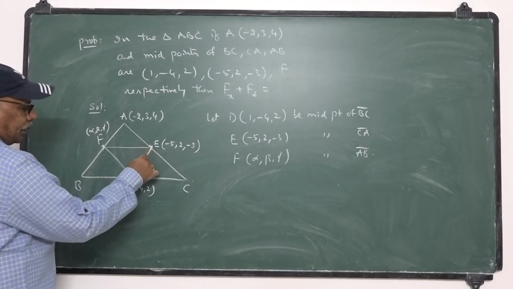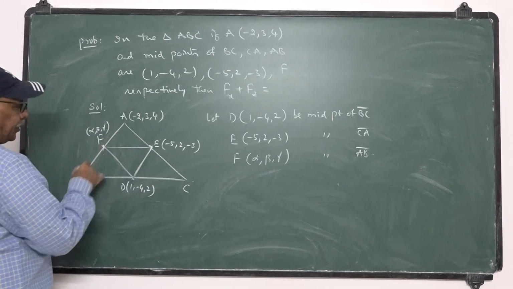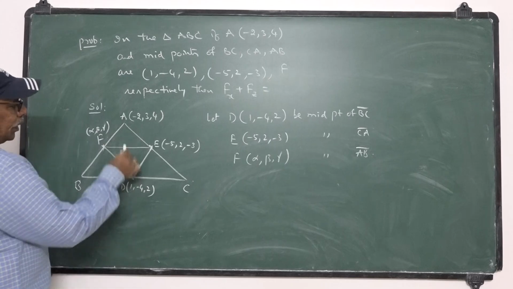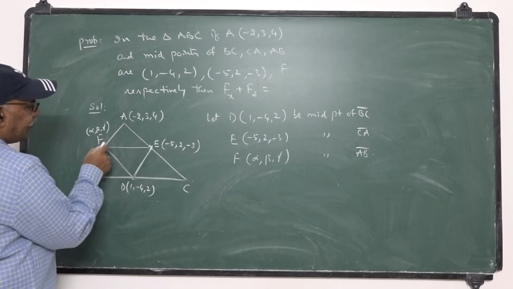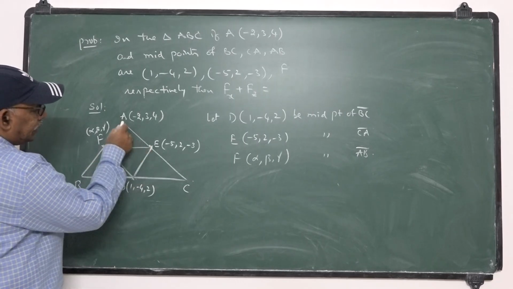Clearly DE is parallel to BA, and DF is parallel to AE. Hence, clearly this is a parallelogram.